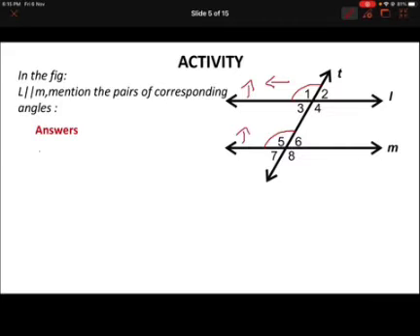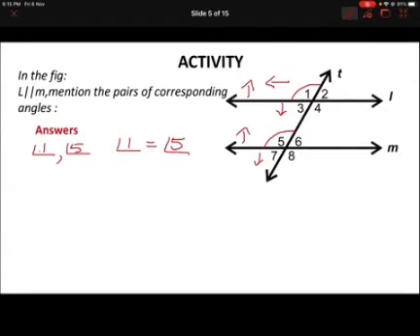If you look at other pairs, they'll be on the same side, but they will be below the parallel lines. Also, one more clue for you is the F shape, children. Now, I'm going to write all the pairs. So, angle 1 and angle 5. They are corresponding angles. Angle 1 is equal to angle 5. How do we know this?